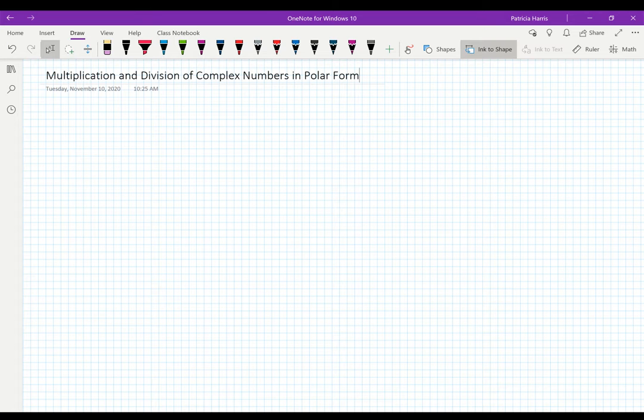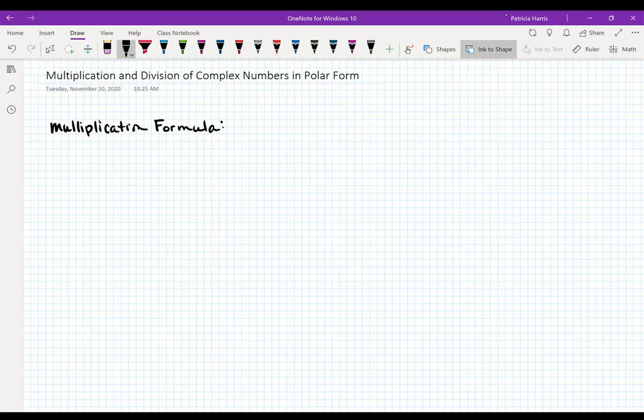All right, so we have two formulas. Our multiplication formula looks like this.